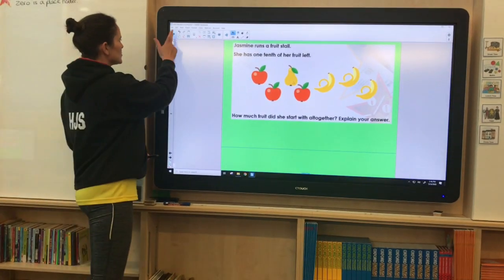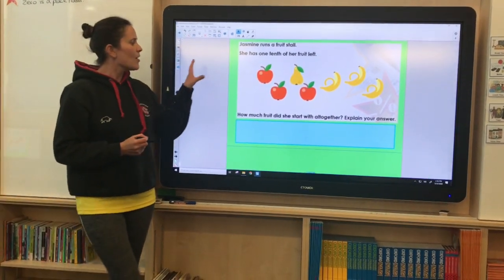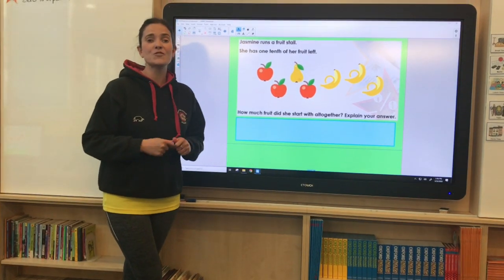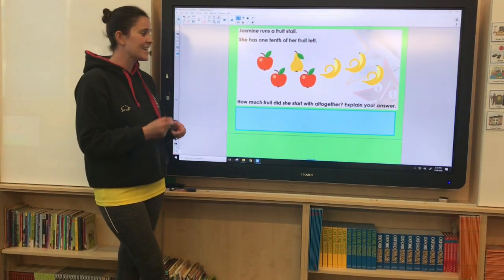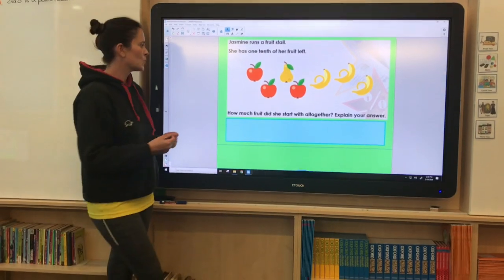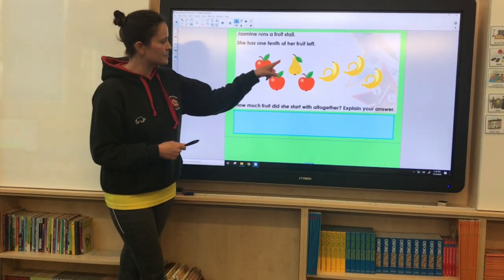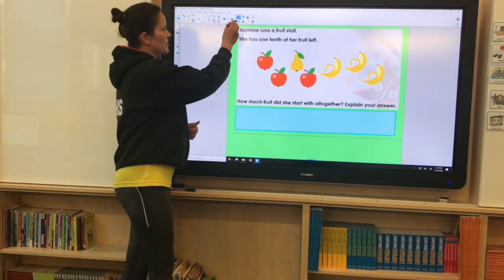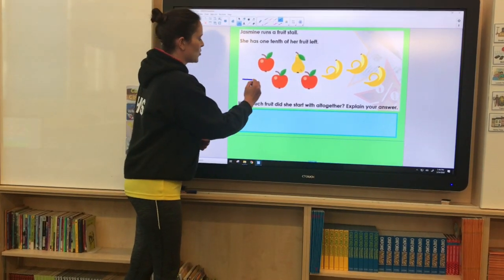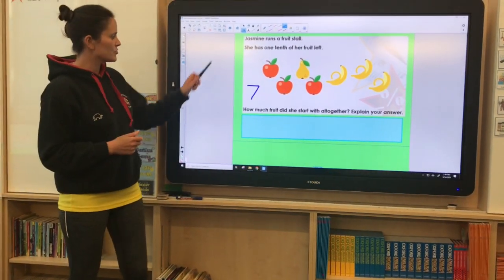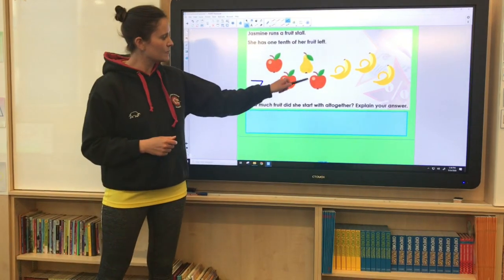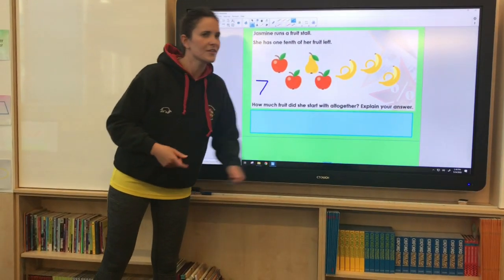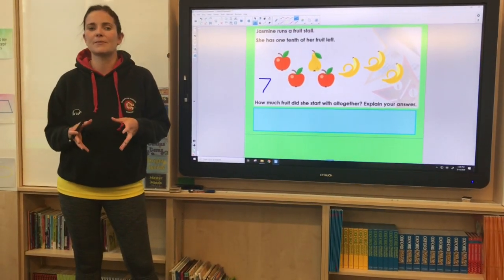Okay? So, we need to work out exactly how much fruit she has at the end of the day simply by counting it. So if you count up the pieces of fruit, you will hopefully find that she has got 7 pieces of fruit. 1, 2, 3, 4, 5, 6, 7. That's what she was left with.